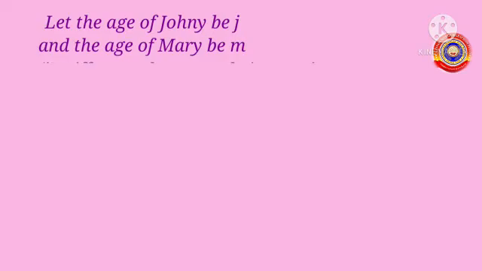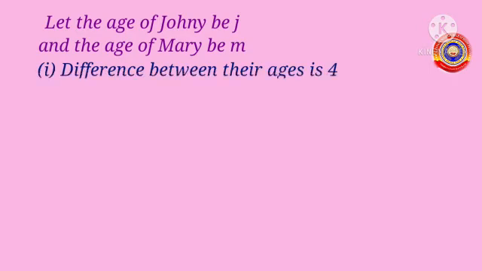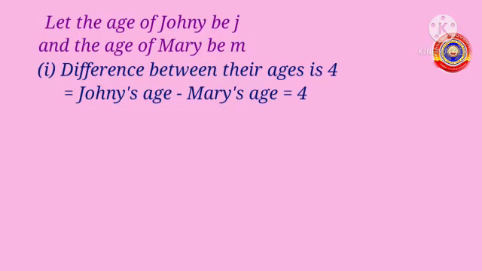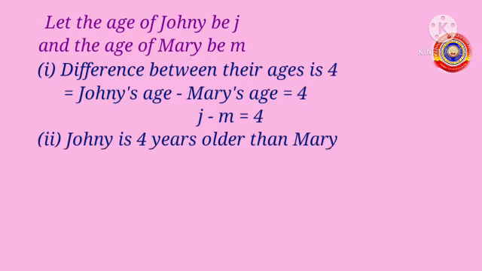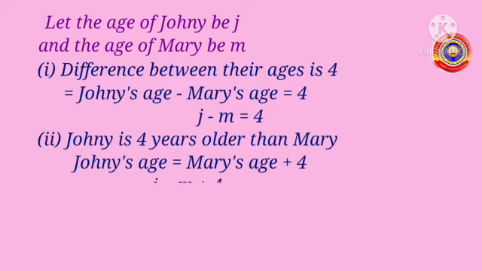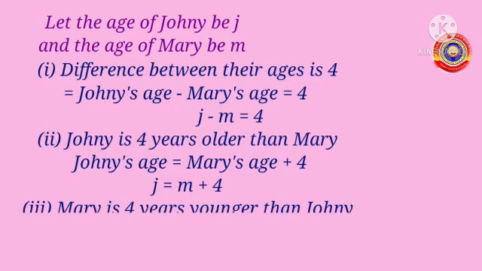First, the difference between their ages is 4. That means Johnny's age minus Mary's age equals 4. If Johnny's age is J and Mary's age is M, then J minus M is equal to 4. This is the first relation.